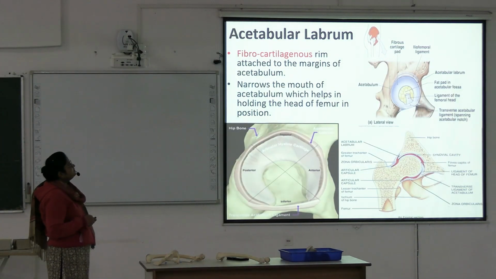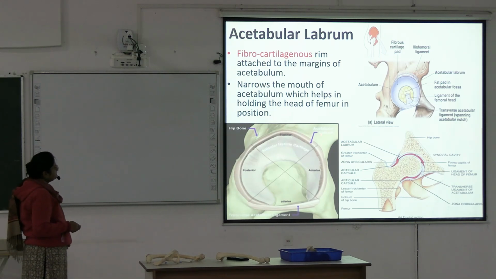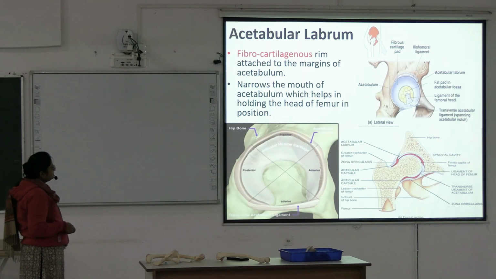Next we go to the acetabular labrum. What is the acetabular labrum? It is a fibrocartilaginous ring. The two ends of the labrum are connected by the transverse acetabular ligament inferiorly. It is attached to the margins of the acetabulum.